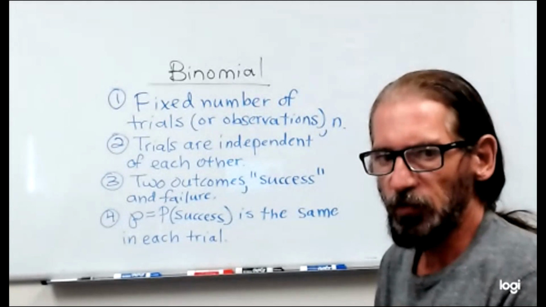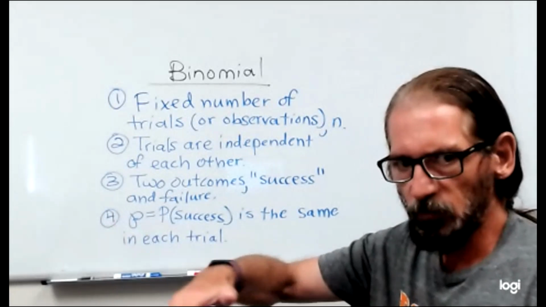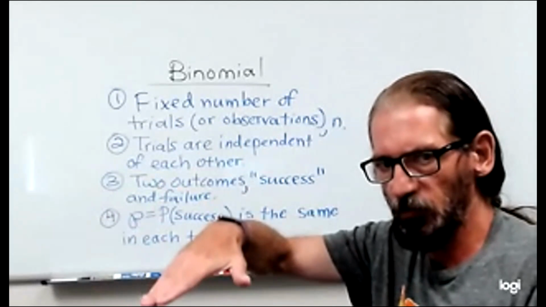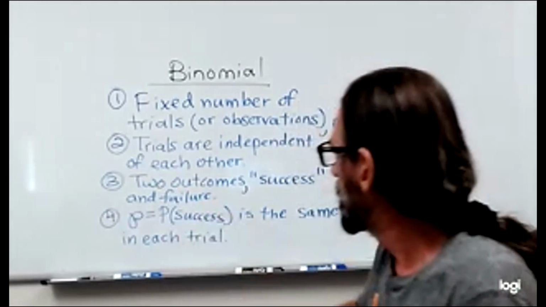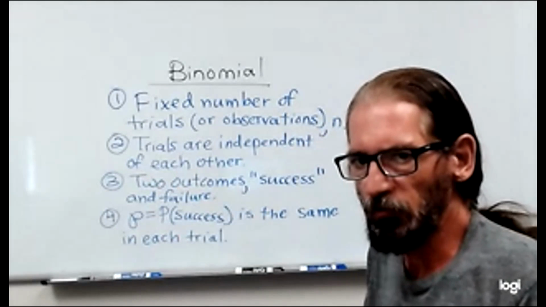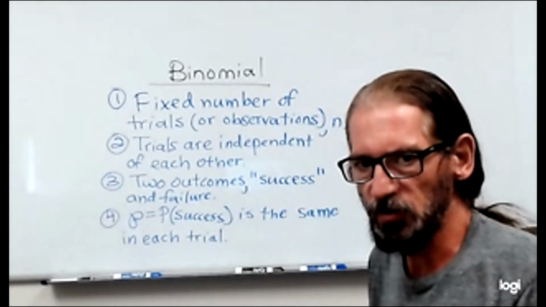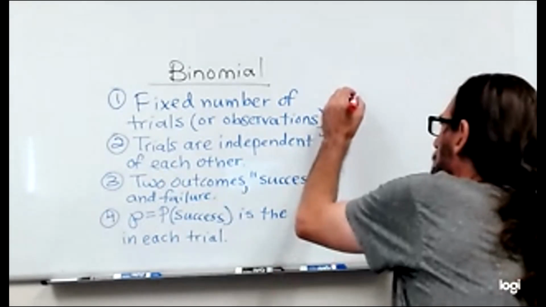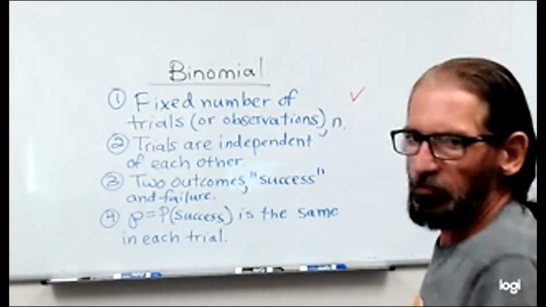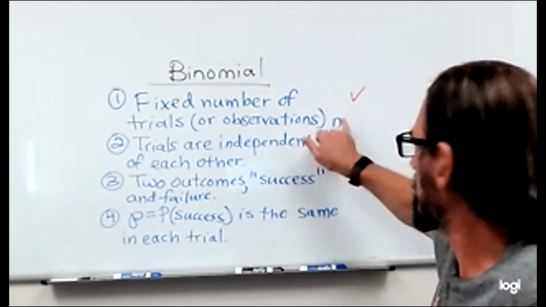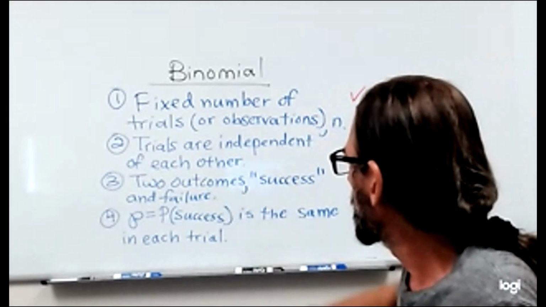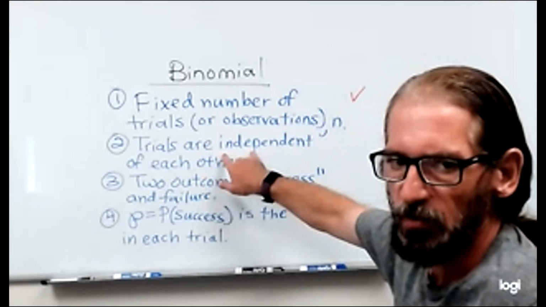So first of all, if you saw the parts that were further down, we were looking at 100 that are prescribed that particular medication. And so there's a fixed number of observations or trials there. We're going to call that little n. Trials are independent of each other.